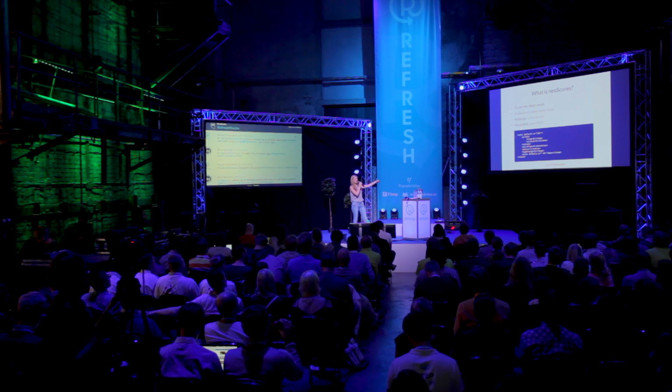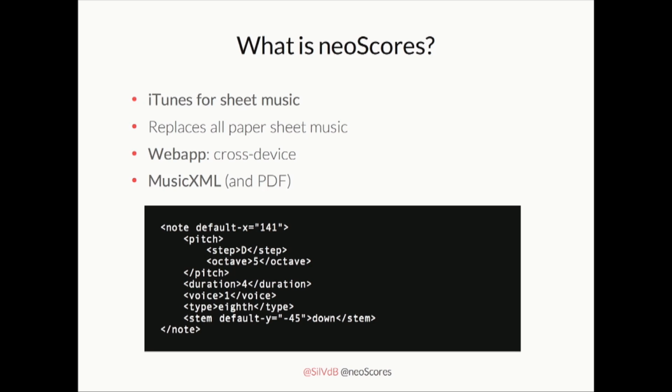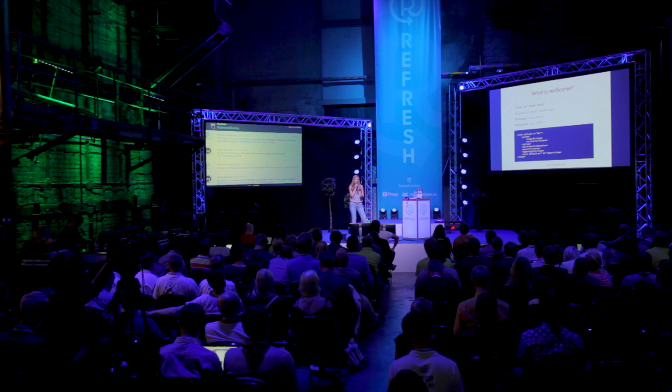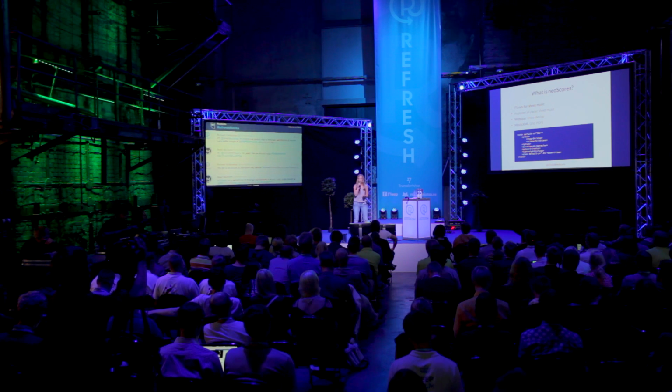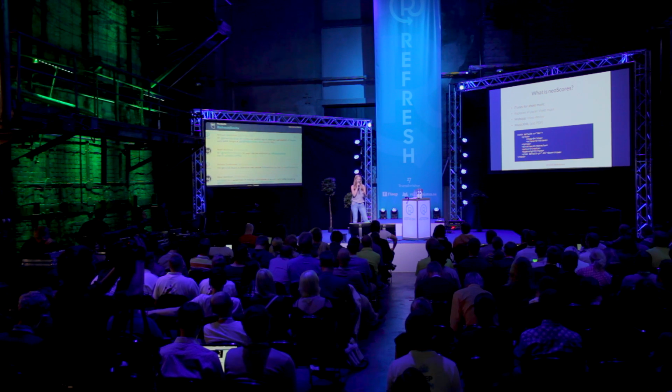This is a description of a very simple note, a D note, an eighth note. Yeah, this is extremely simple, but you can describe very, very complex musical pieces with MusicXML. The cool thing about it is that we have semantic knowledge of what is on the page, and we can use that to our advantage to render very beautiful sheet music.